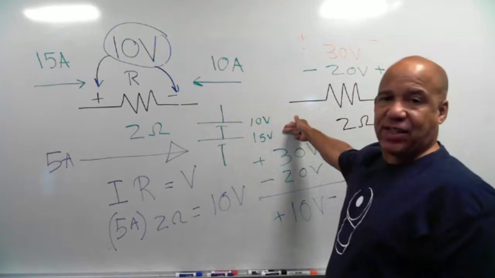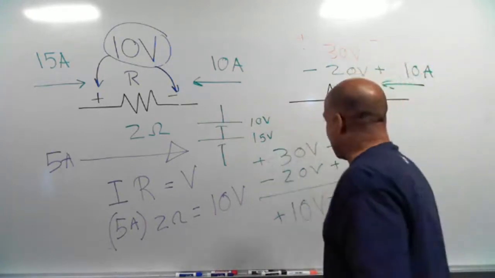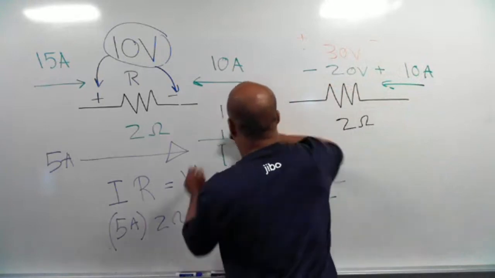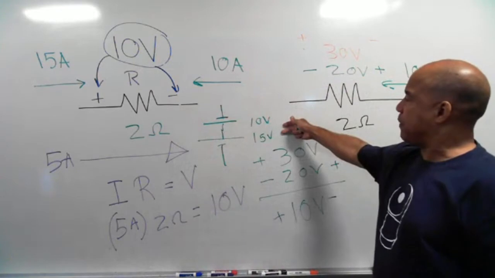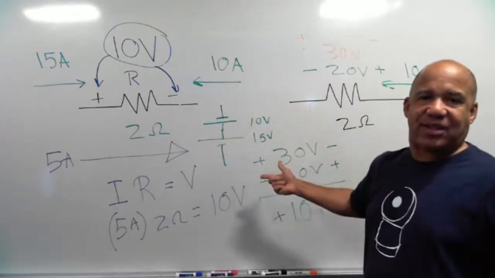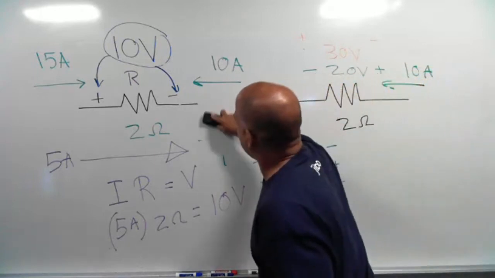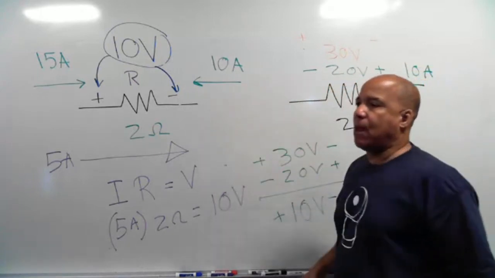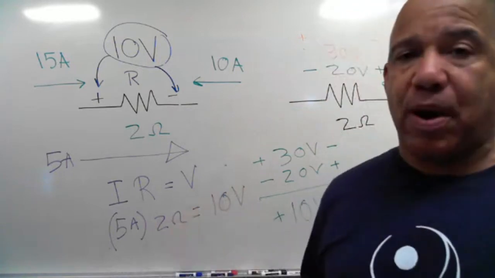That would be a pretty easy analysis. All I have to do is combine these into one and replace this with a 25 volt voltage source. Or if I flip one of these over, I'll take the difference, and I replace these two with a 5 volt voltage source. It's not an issue. But if I have a connection where the voltage sources or current sources are not directly connected to each other, that's a whole other problem.